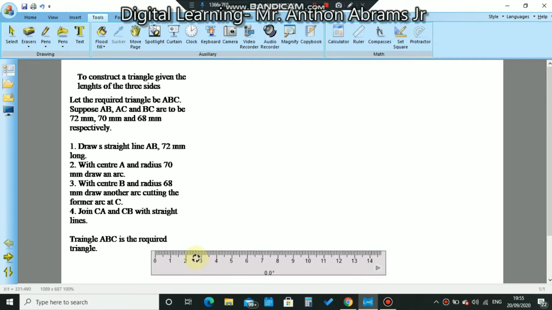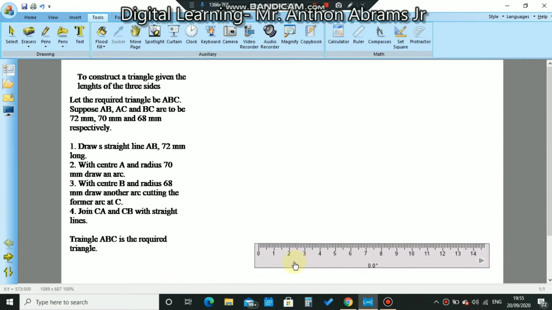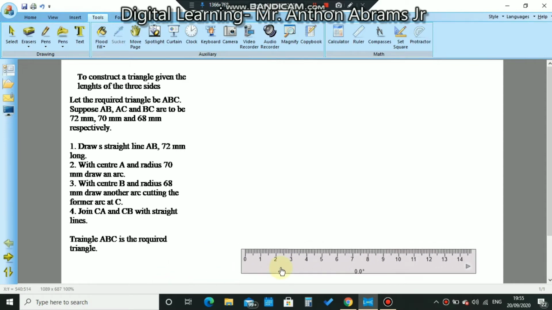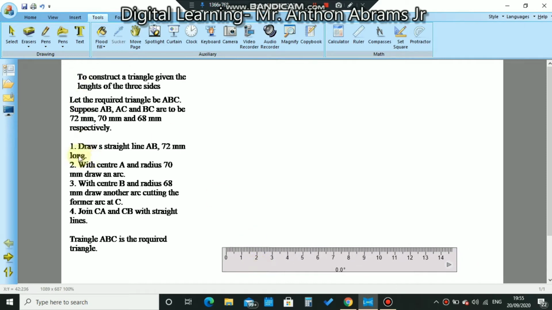Step 1 says draw a straight line. Sorry, this is a typing error. Draw a straight line AB 72 mm long.